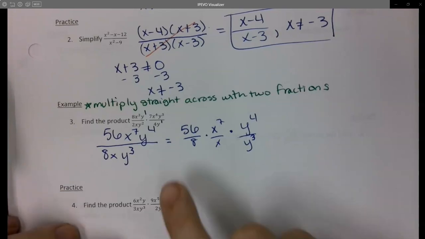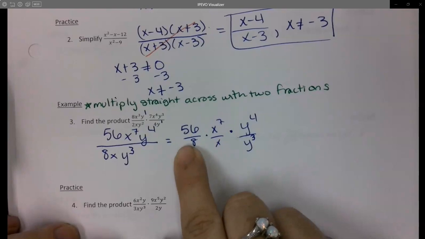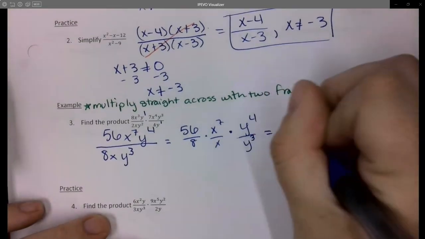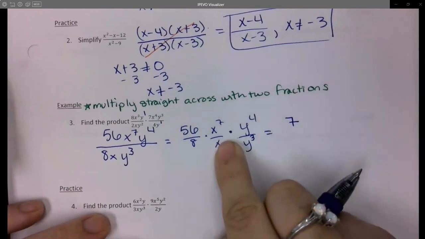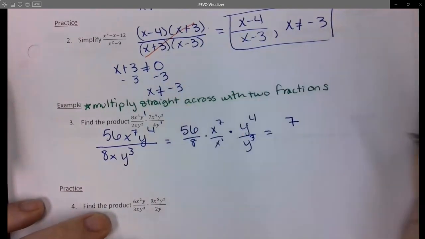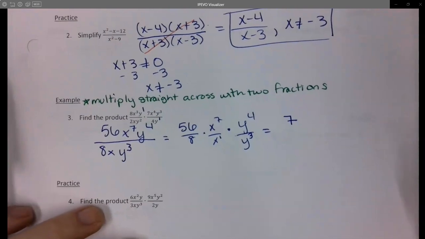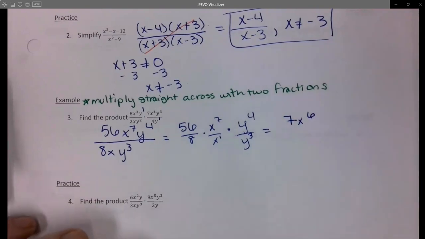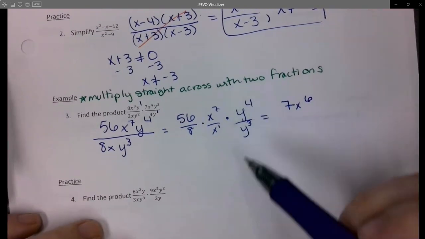Okay. So I want to simplify each fraction. What is 56 divided by 8? 7. X to the 7th divided by x to the 1st. Remember, with my exponent properties, I subtract. Yep, x to the 6th power. And for my y's, I have y to the 4th and y cubed.